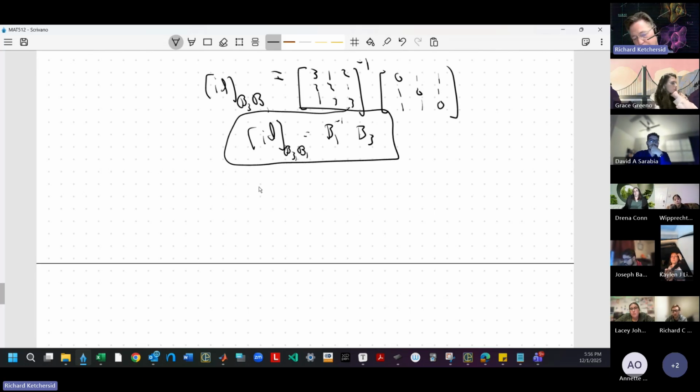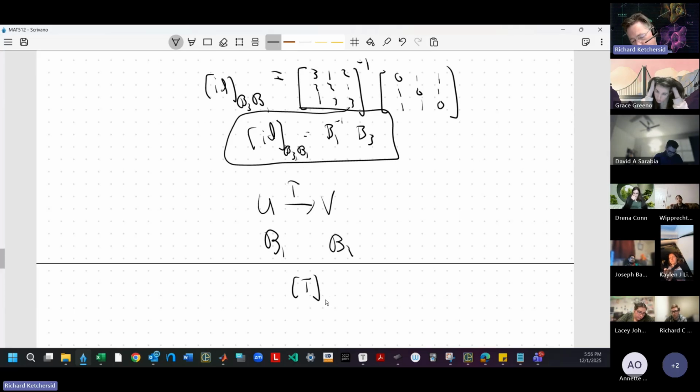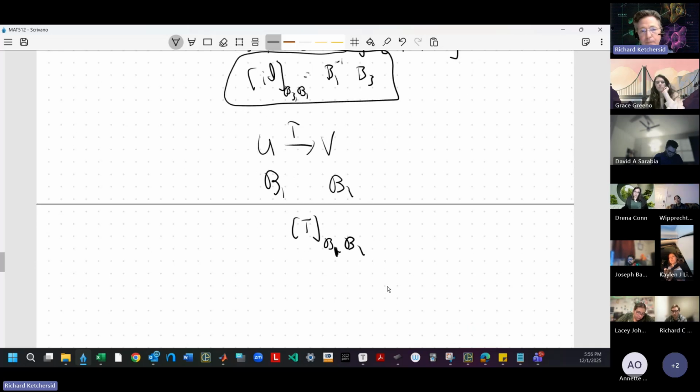So going back to our case, we had a U and a V. And I think we had a B1 and B2. And we had a T, right? And we had T B1, B2. That's part of our input that we're giving to the function.